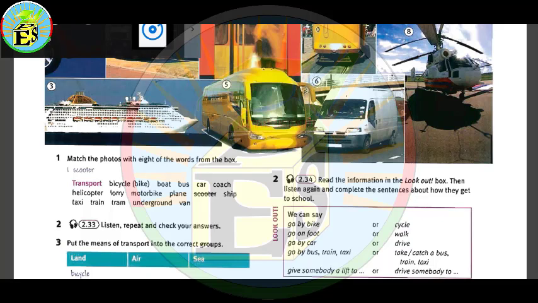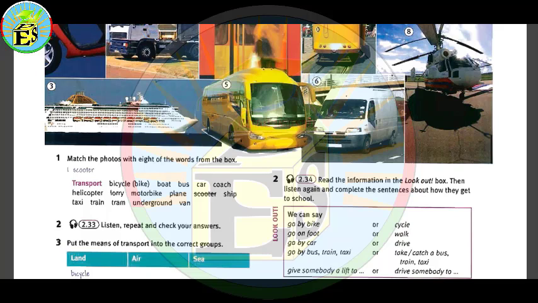Unit 9, page 80, Vocabulary, Exercise 2.